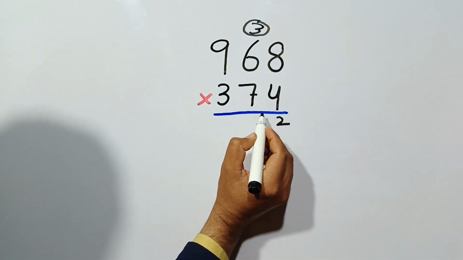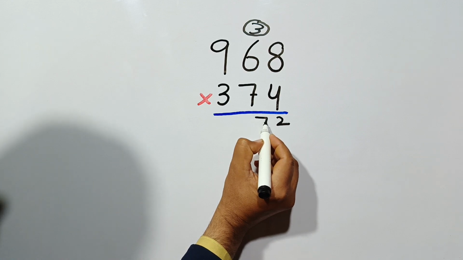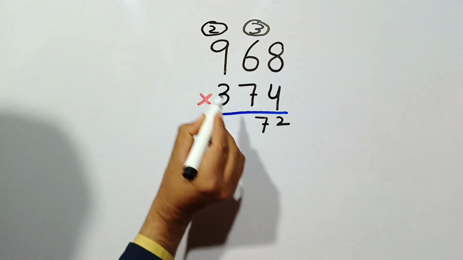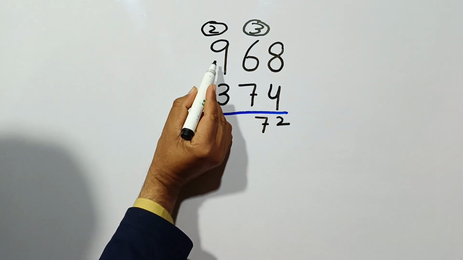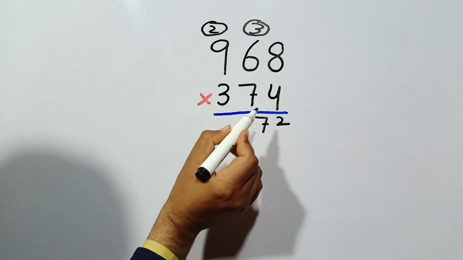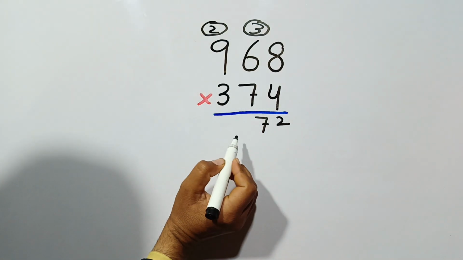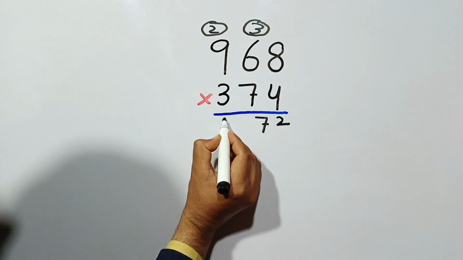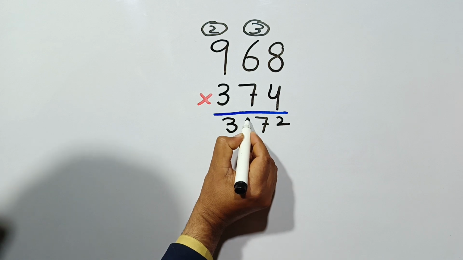Now, 27. We are writing 27 but 2 carry. Always the left number carry. Now, 4 times 9 is 36 and 2 add is 38. Now, we are writing here 38.